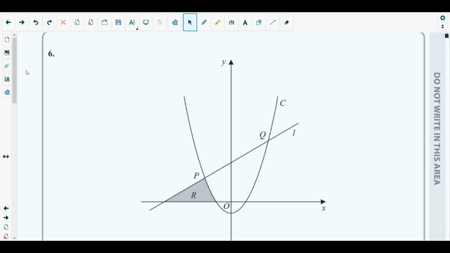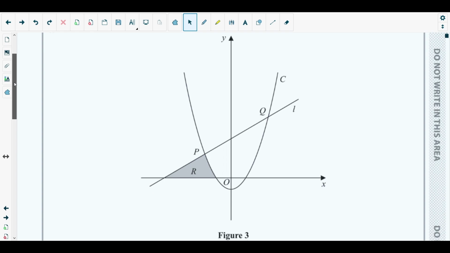In order to solve this question, you should have practiced questions and known the concepts from both chapter 2, that is quadratics, as well as chapter 3, equations and inequalities. Okay, so let's get started with question number 6.